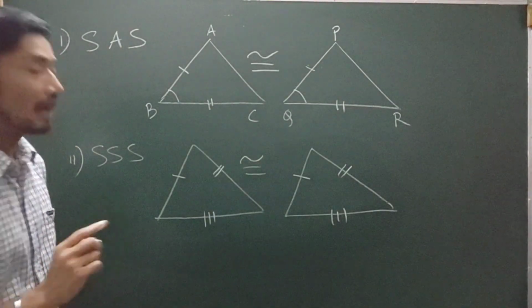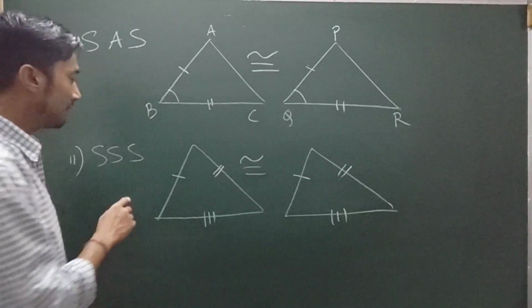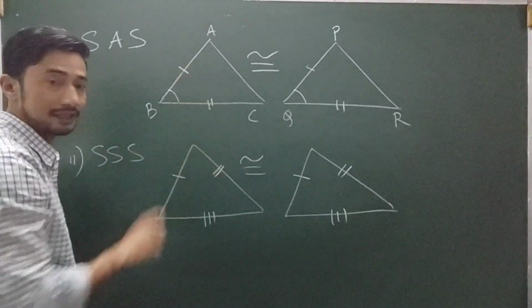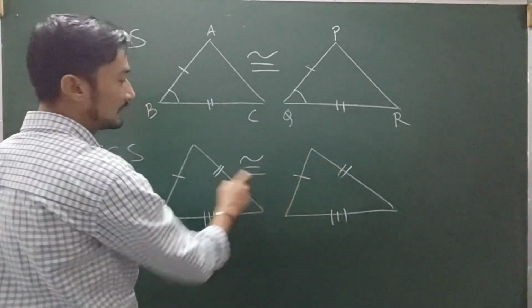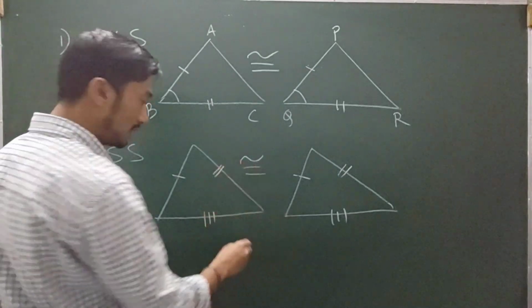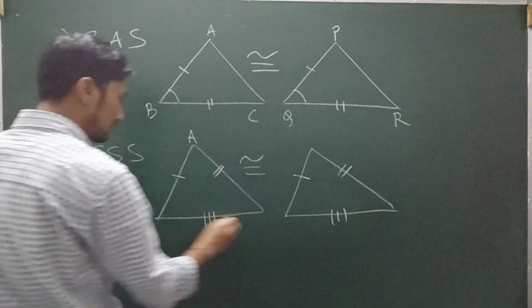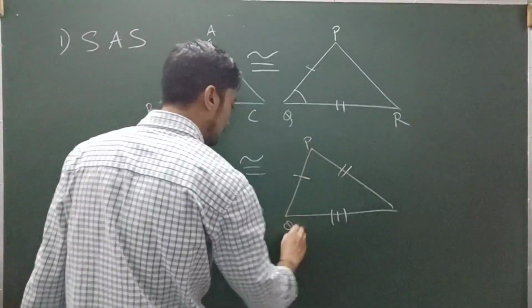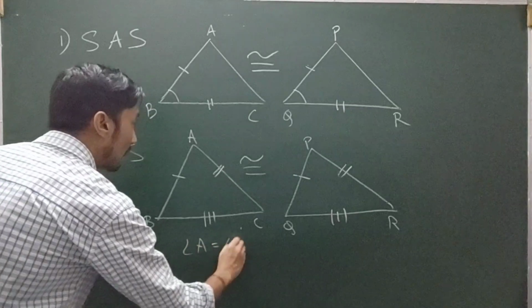Now what does this mean? This means that if I can just prove that the 3 sides are the same, then automatically they become congruent. Then automatically we can proceed and say that the 3 angles are also equal.